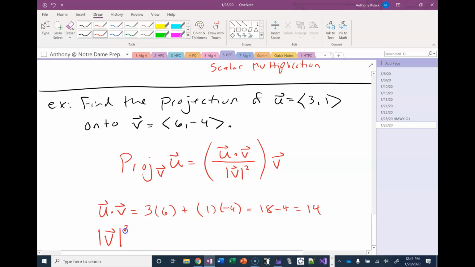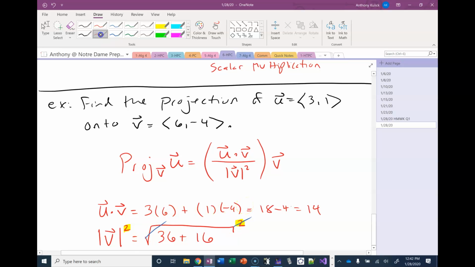How do I take a magnitude? Yeah, square root of x squared plus y squared, right? But notice that this is magnitude squared. Right?